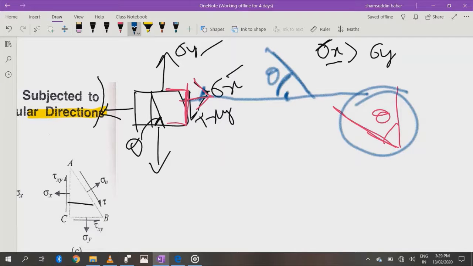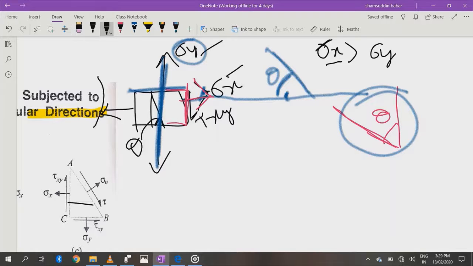Now if it is said that the angle is from minimum principal stress, then definitely I will be talking about this, and the angle will be from vertical. Okay, either vertical or where I will put this force, and minimum principal plane will be this one. This was a little bit of concept.